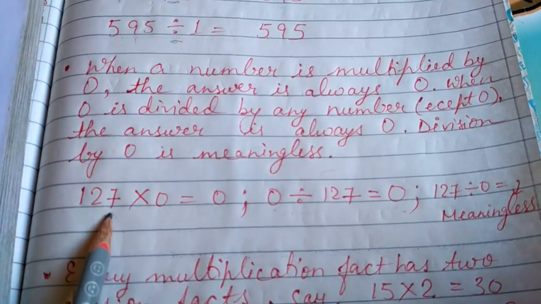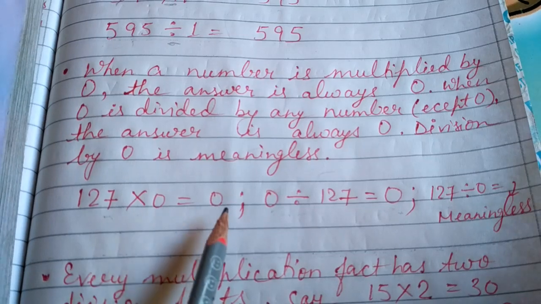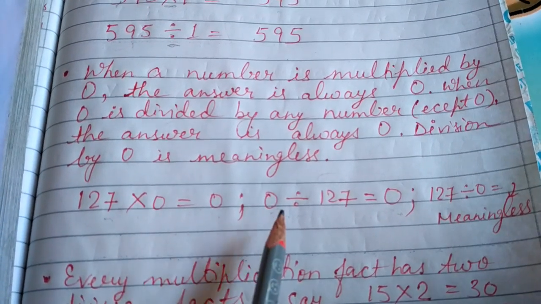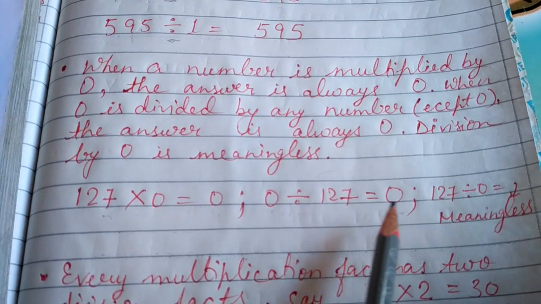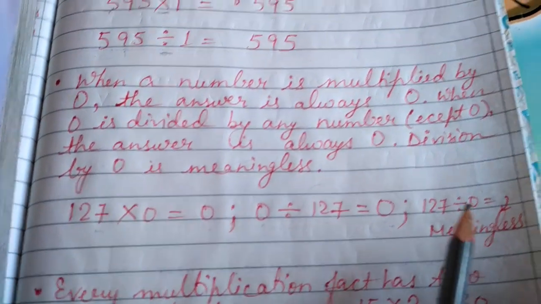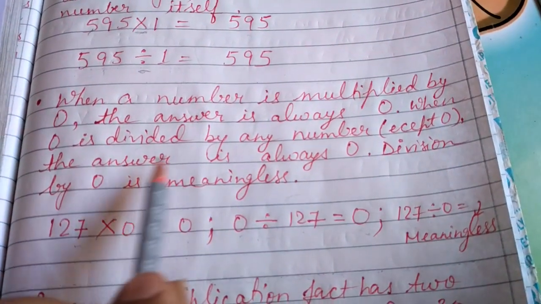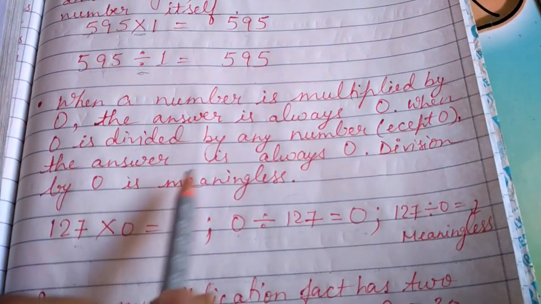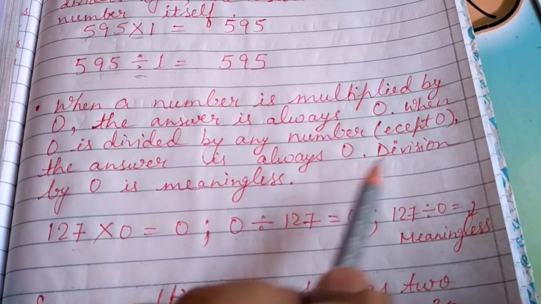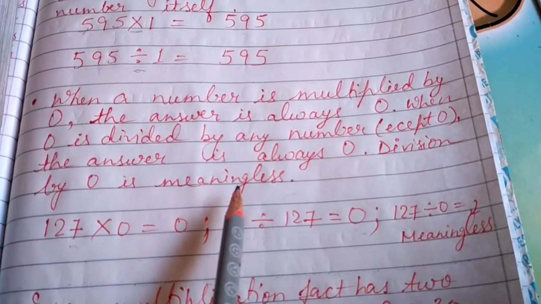If any number is multiplied by 0, the result is 0. And here one thing is written: if 0 is divided by any number except 0, the result is always 0. Division by 0 is meaningless.